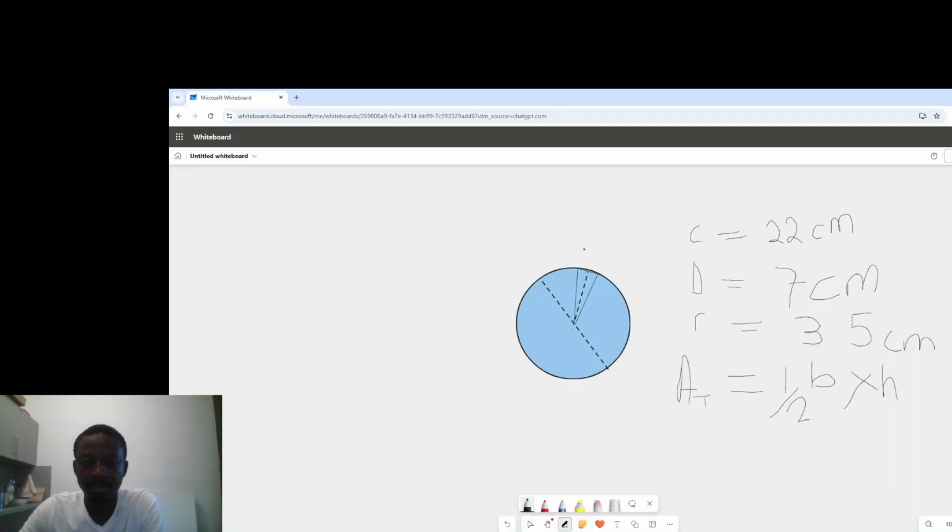Now in this diagram, this is the base, which is 1 centimeter, and this is the height.